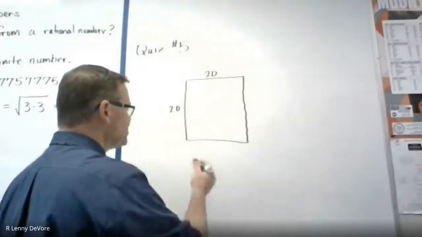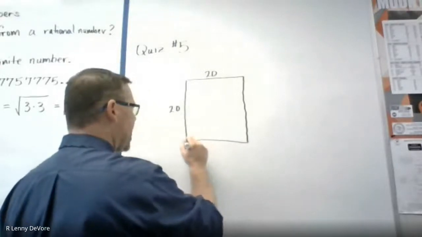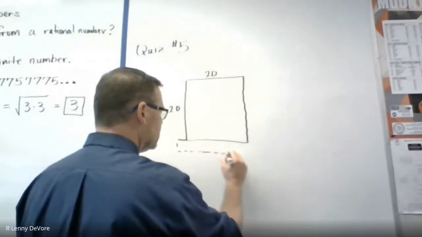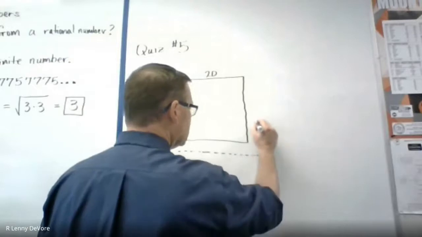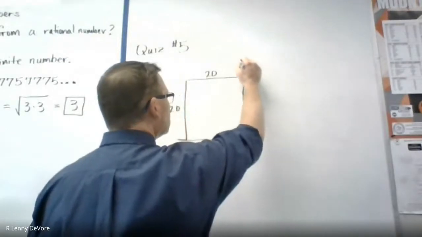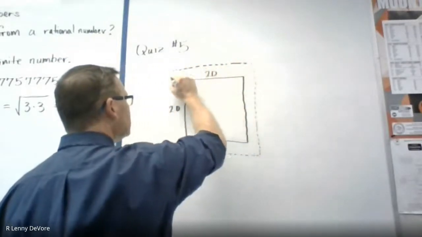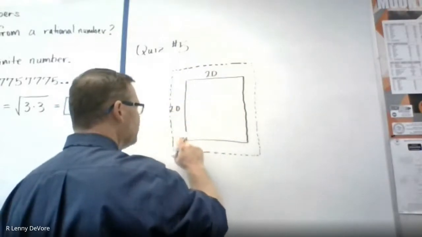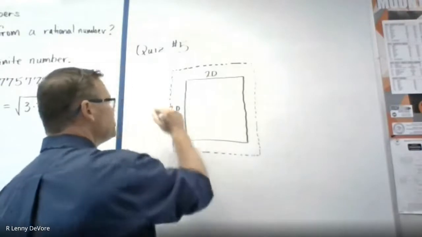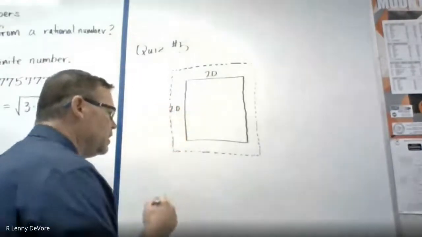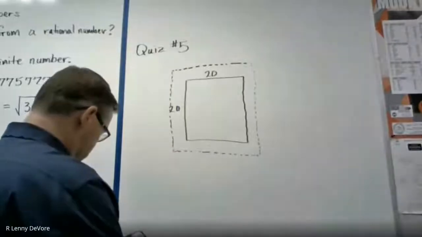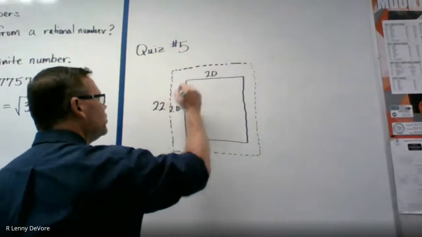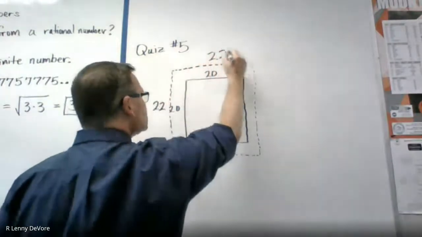Now, when I'm sitting there and I'm thinking length, I'm thinking length multiplied by width. But what they're actually saying is they want you to add a foot on to each one. So they want a foot all the way around. What this does is it makes it into a 22 by 22 square.